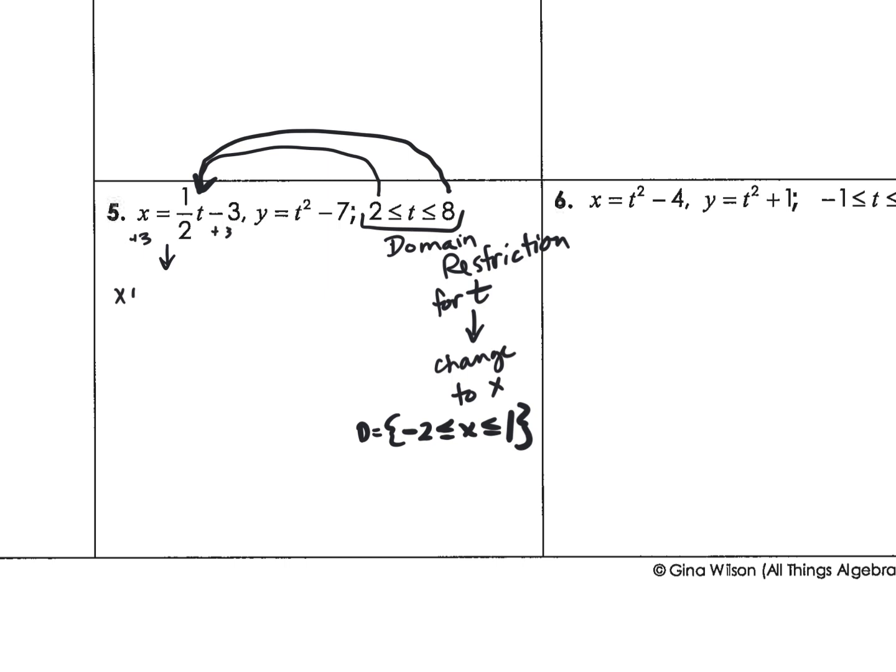So you get x plus 3 equals 1/2 t. How do you get rid of the 1/2? So times 2, and then this whole thing is times 2, right?